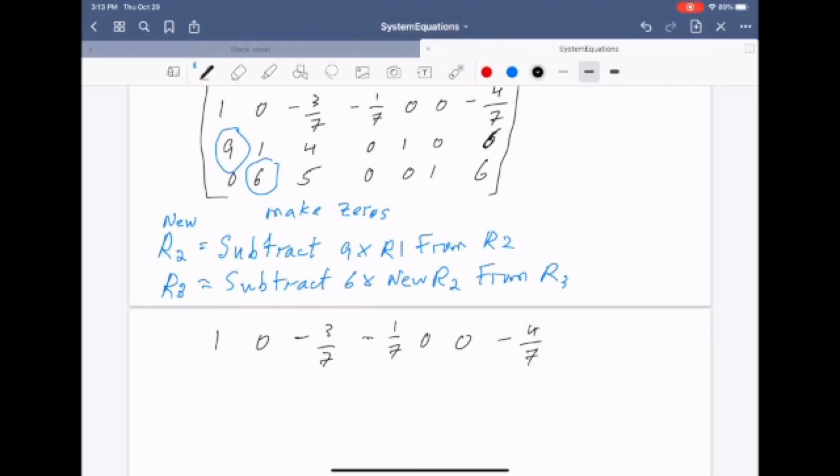Now, when we subtract, we're going to end up with 0, because we're subtracting 9 times the first one, so 9 minus 9 is 0.